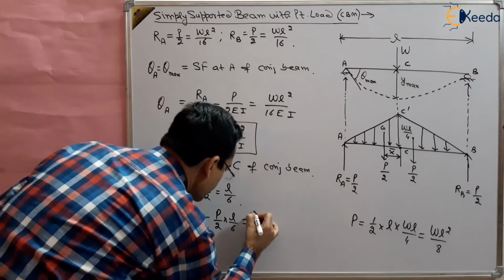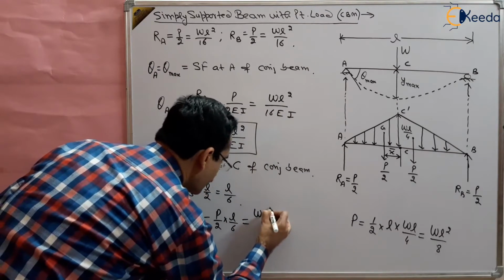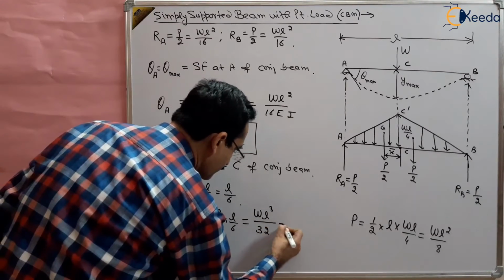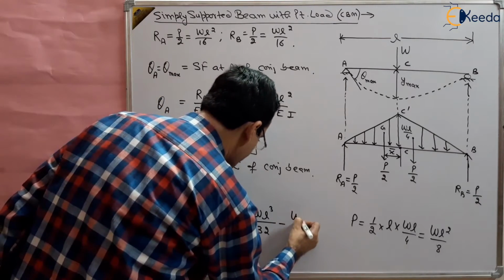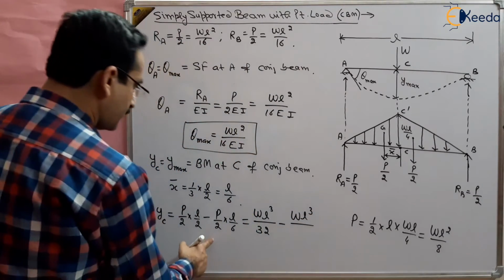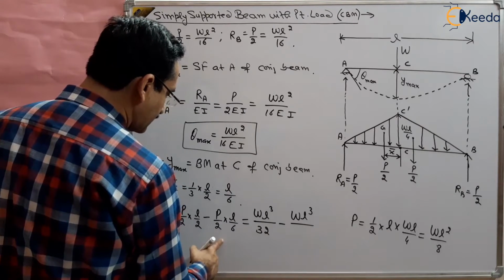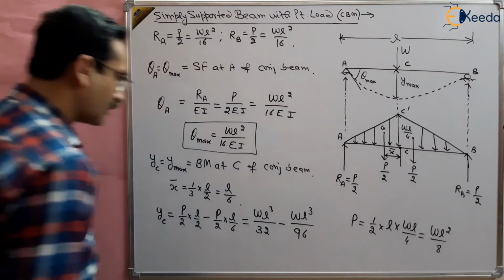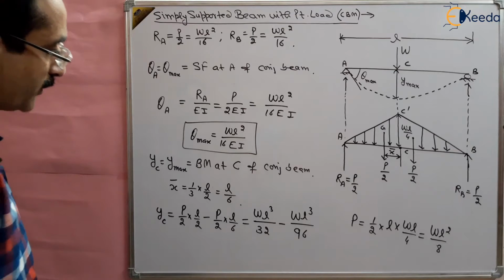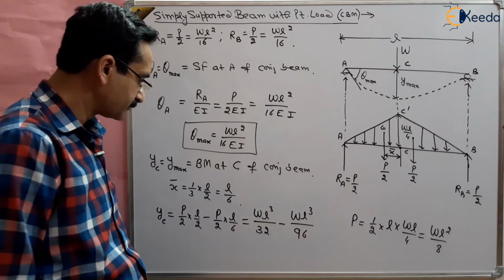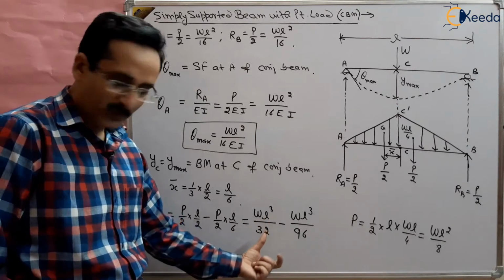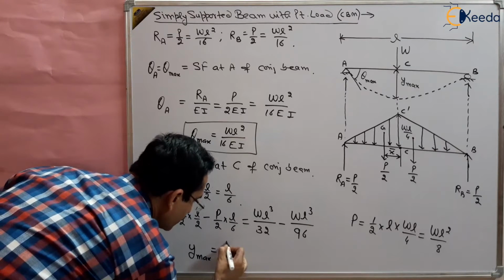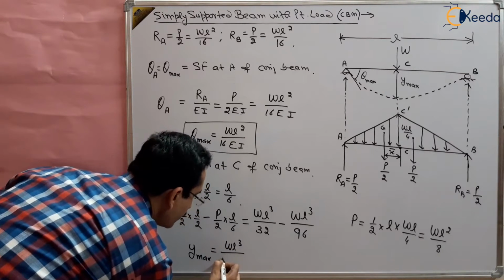So you will get WL cube by 8 it becomes 32, minus WL cube by 8 it becomes 96. So 1 by 32 minus 1 by 96, so YC, which is Y max, is equal to WL cube by 48 EI.